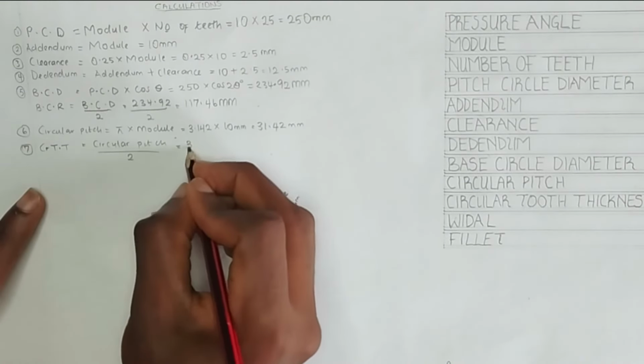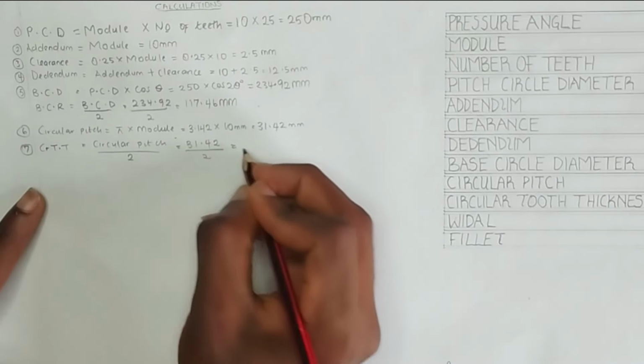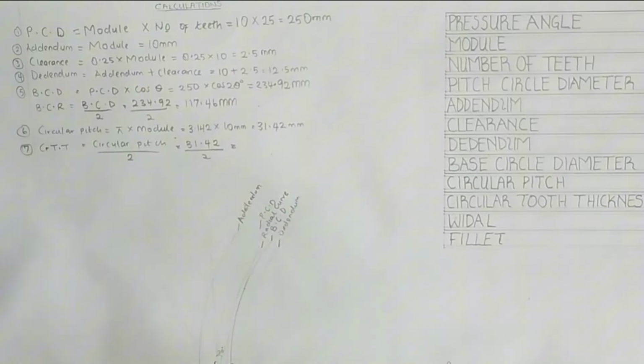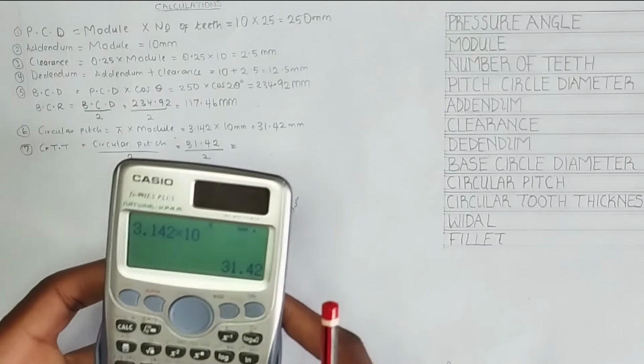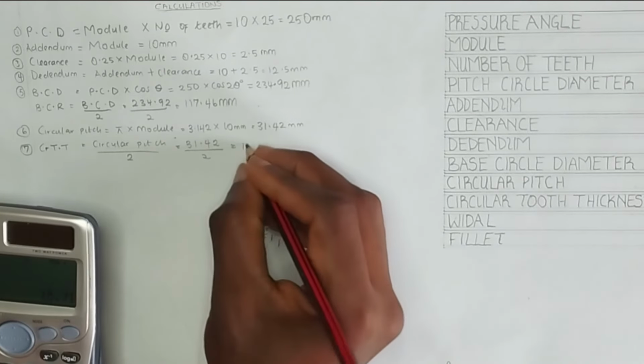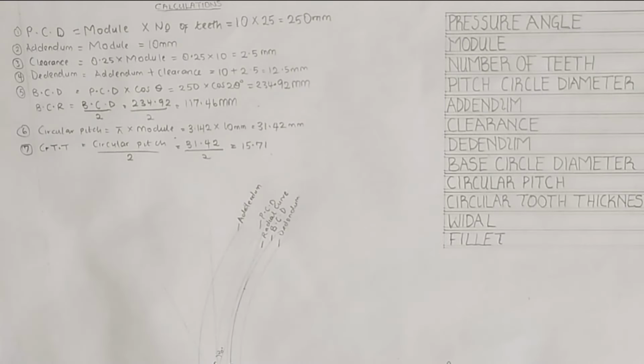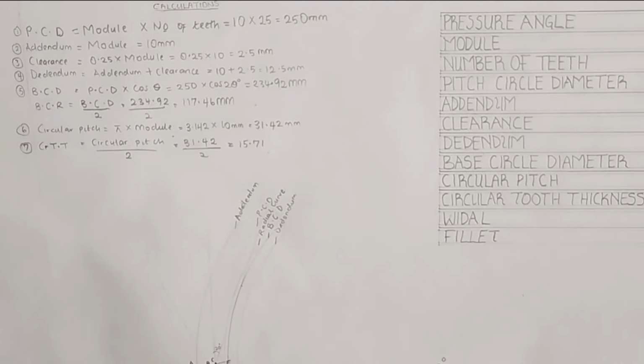We have been given our circular pitch to be 31.42 divided by 2, which is going to be 15.71 millimeter.